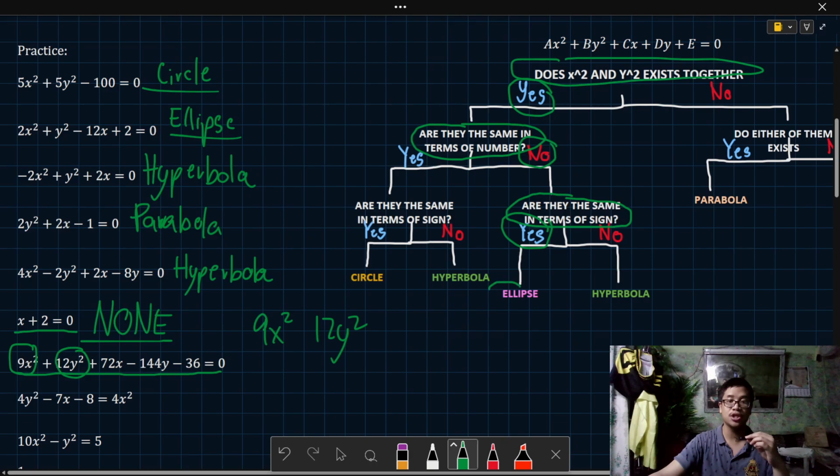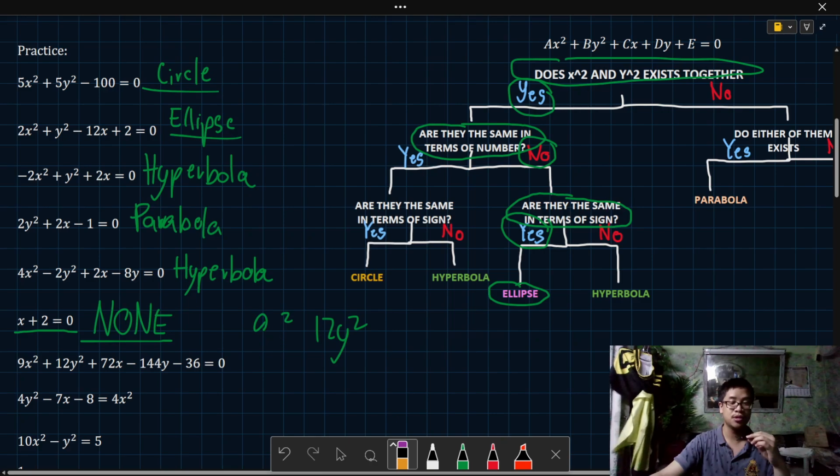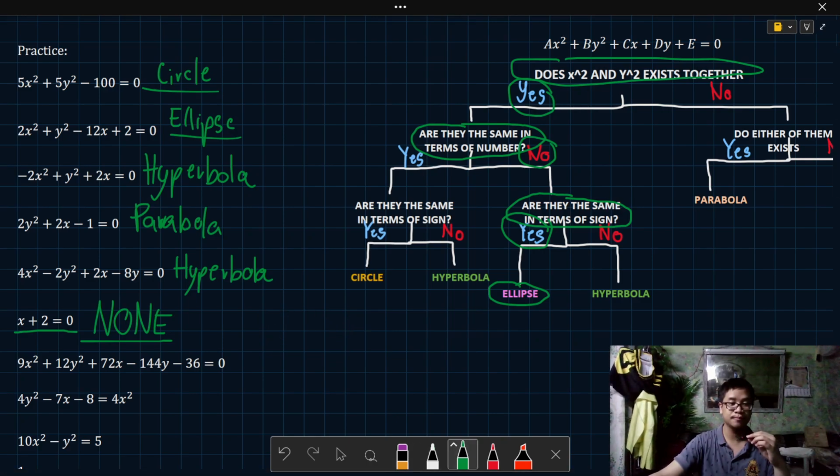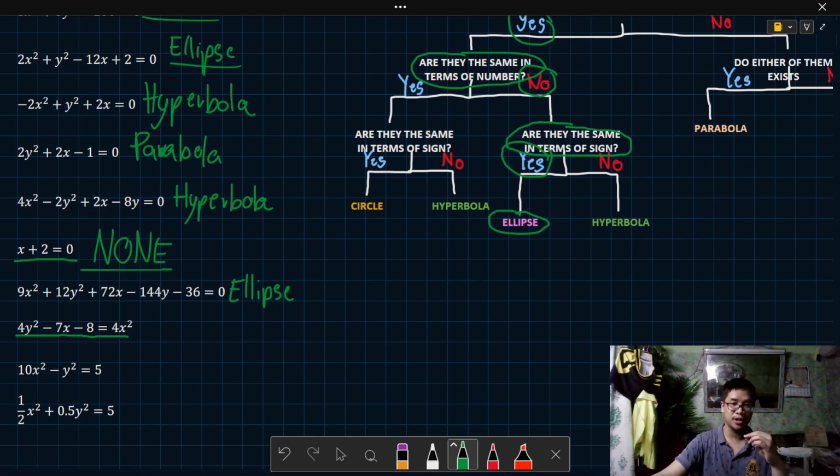And the answer for this problem is an ellipse. Now here we have 4y squared minus 7x minus 8 is equal to 4x squared. What's the answer here?